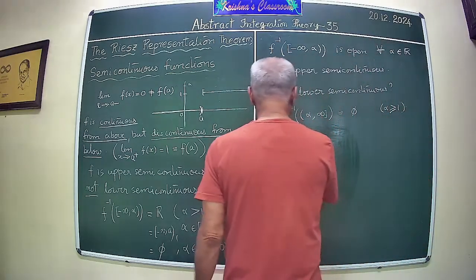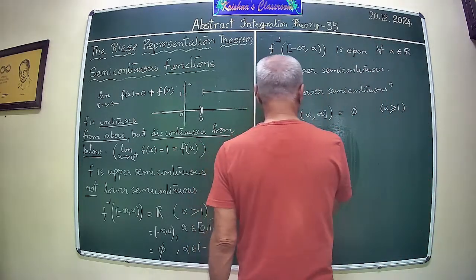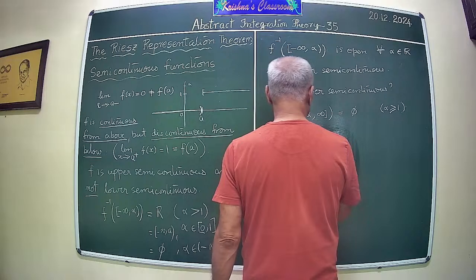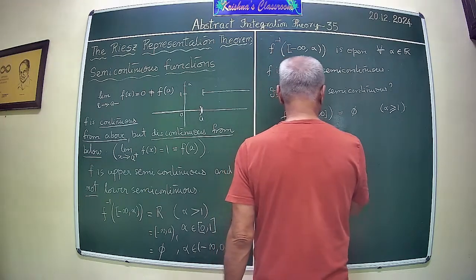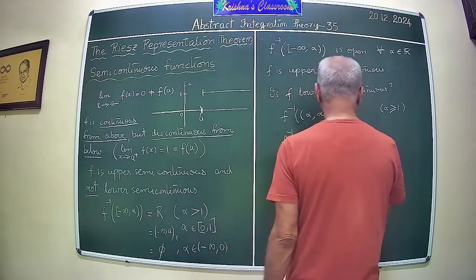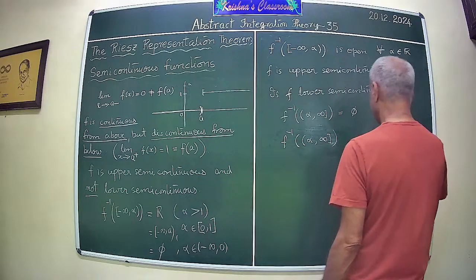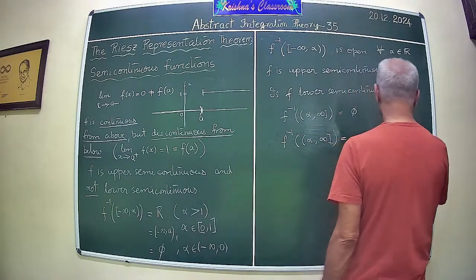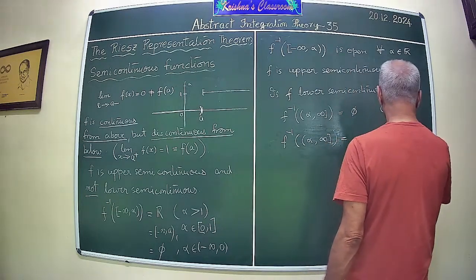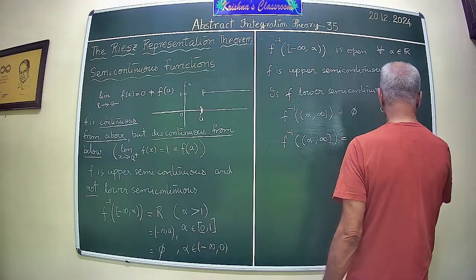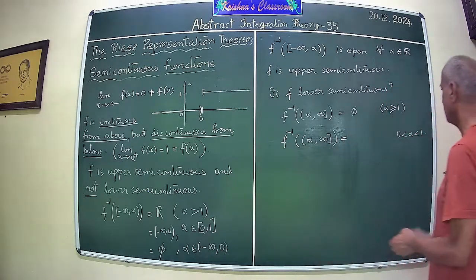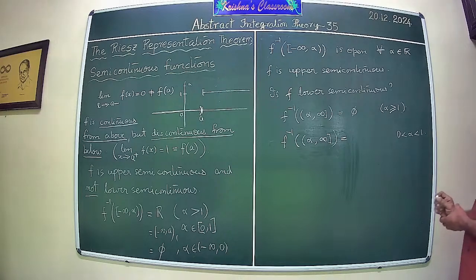Now F inverse of, if you take the case where 1 less than, sorry, less than, then what happens?